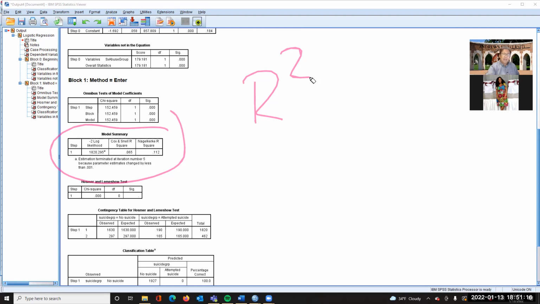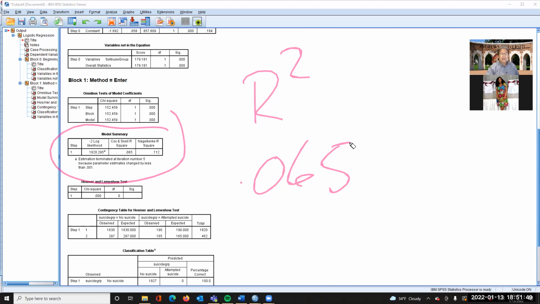Here we have two kinds of R-square, called pseudo R-square. It's not exactly R-square, but it's an approximate R-square, and I guess that's why they call it pseudo R-square. One is the Cox and Snell R-square.